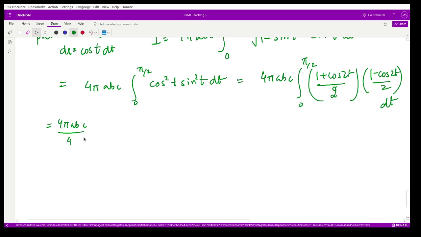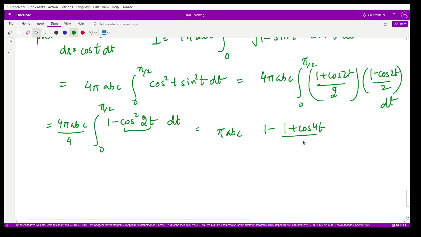This is 4, and we have 1 minus cos square 2t, and the integration from 0 to pi by 2 dt. So we have pi ABC, and again we have to use the concept of double angle. So this would be equal to 1 plus cos 4t divided by 2, right?